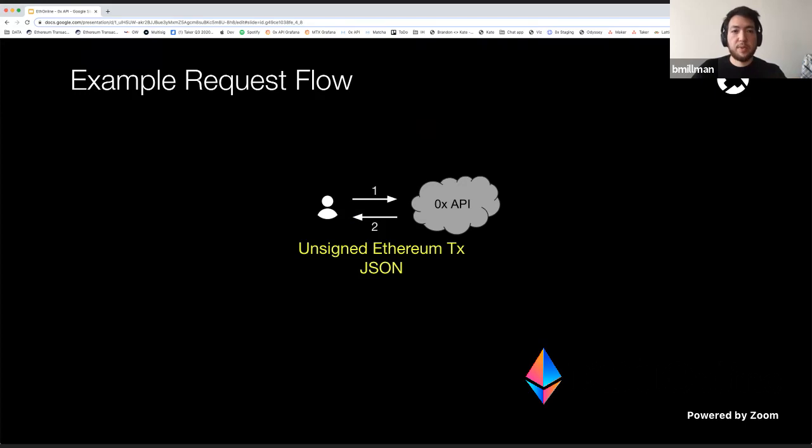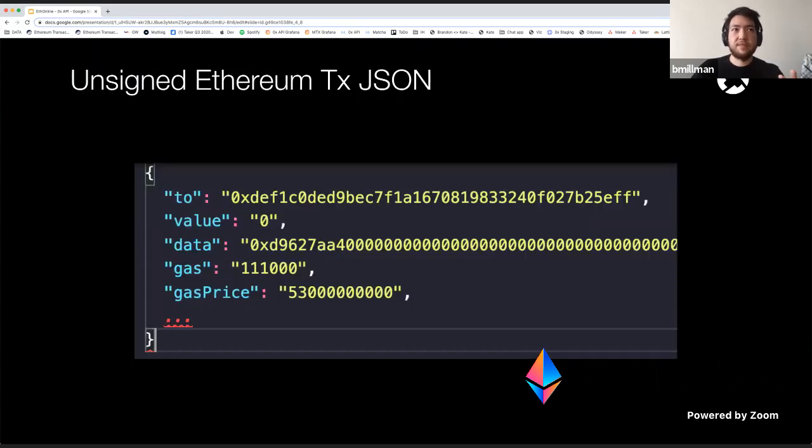If we zoom in a little bit on that, this is an abbreviated version of the JSON that you would get back. It has all the primary fields that you would need in order to interact with the contract on Ethereum. We have the to field, which represents the address that you're sending this transaction to, and the value, which is the amount of ETH that you send with the transaction.